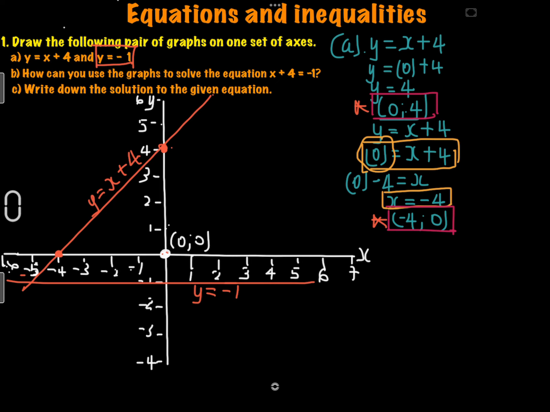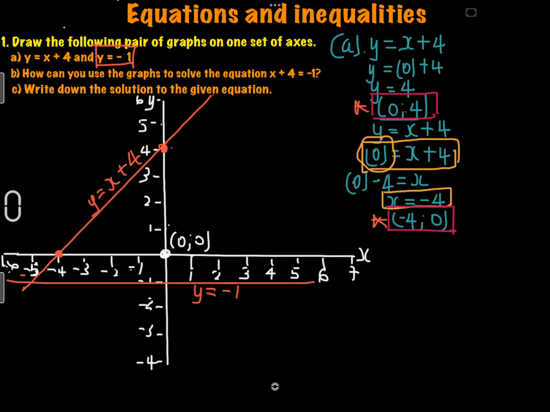Now, looking at the second question, it says, how can you use the graphs to solve the equation? Essentially, we are asked to infer and address the question that is already given in question A. So how can you use the graphs to solve the equation x plus 4 is equal to -1?